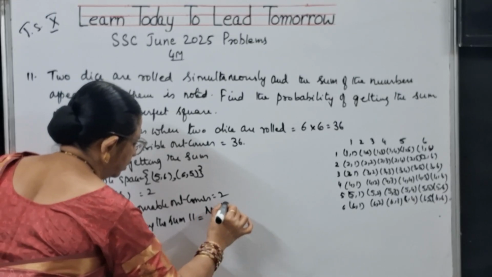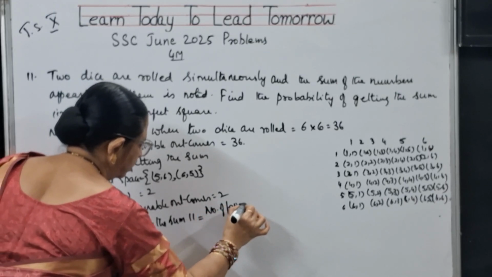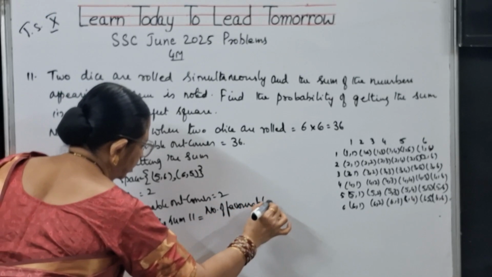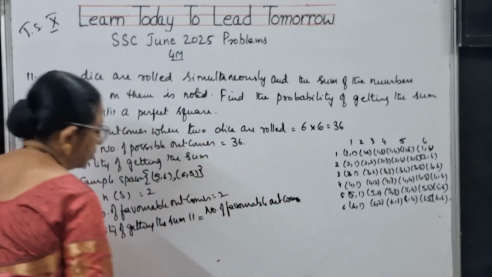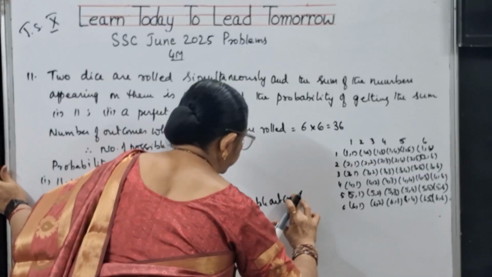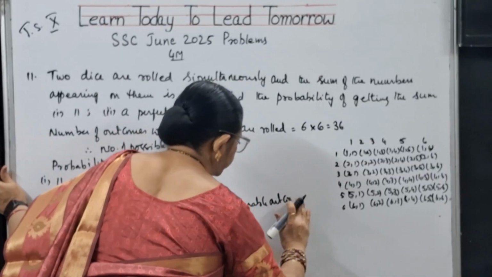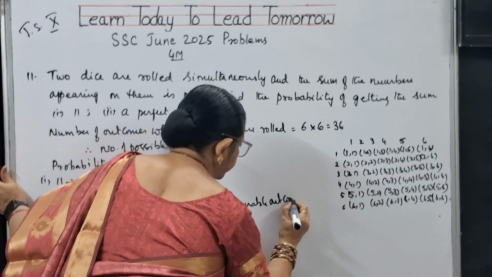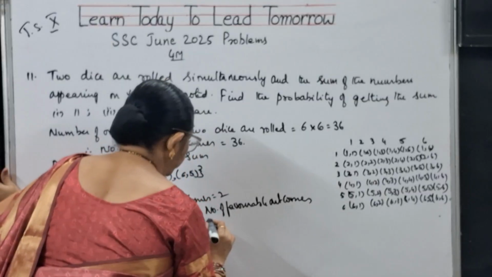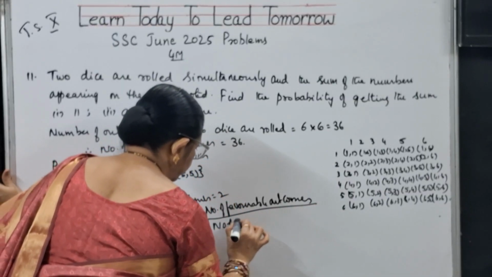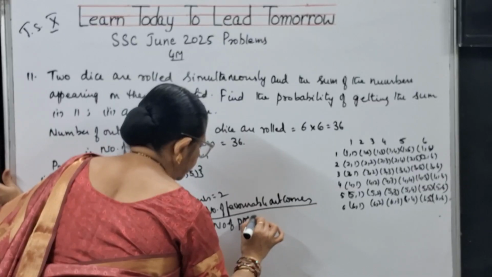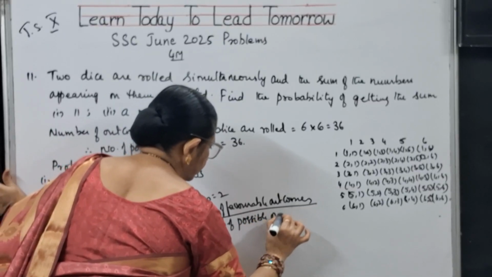Number of favorable outcomes divided by number of possible outcomes.